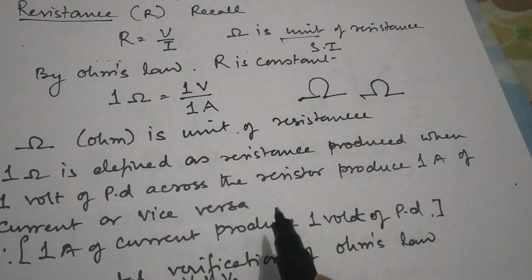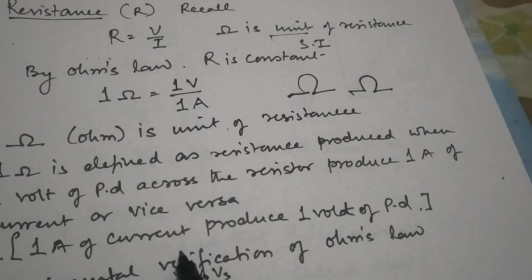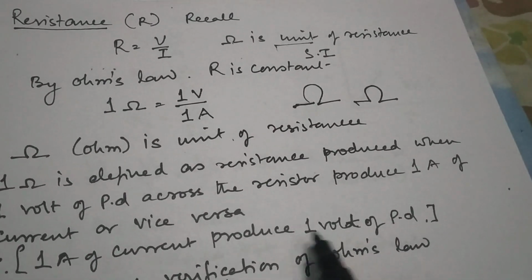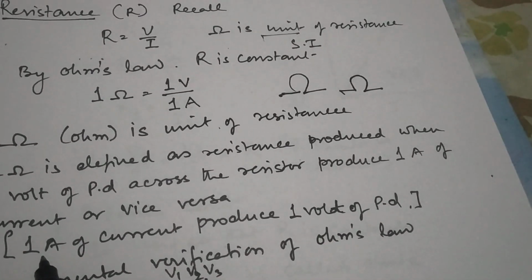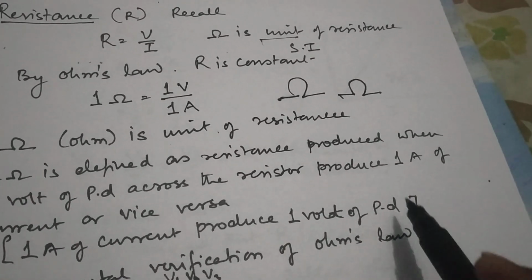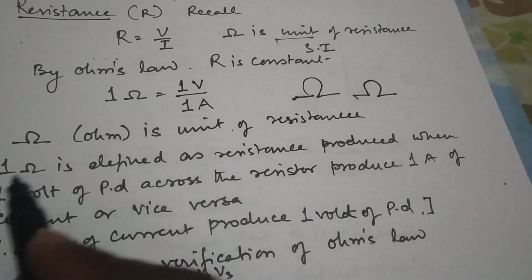Vice versa means it can be in reverse also. That is, 1 ampere of current produces how much voltage? 1 volt. That is, if you measure with the help of an ammeter, current is 1 ampere, how much PD will be produced? 1 volt.